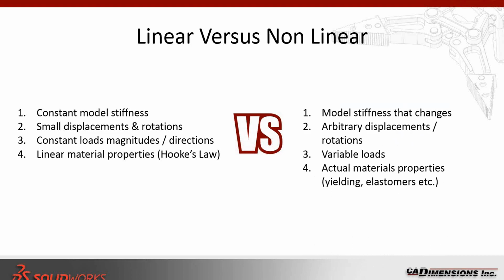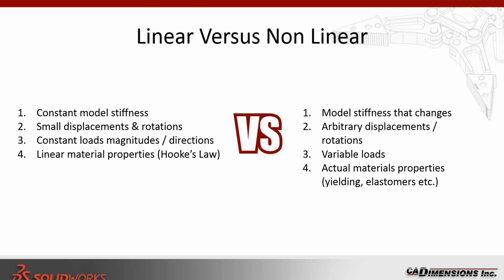So even if the bend or rotation is large enough to change the stiffness of the part, that can be taken into account, because each of the analysis is broken down into smaller iterations. So it will run each iteration independently with the change of calculating the change of stiffness that's involved.